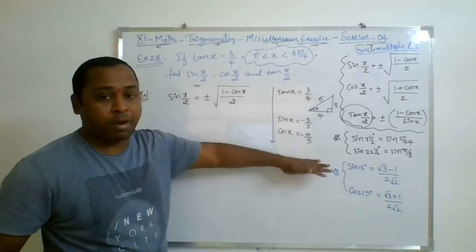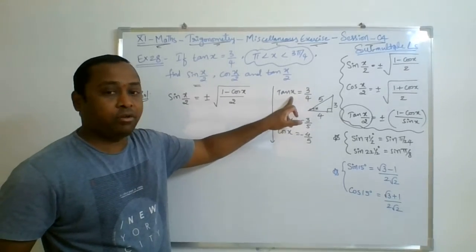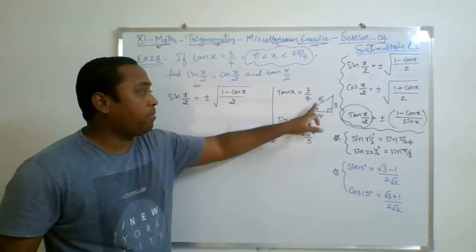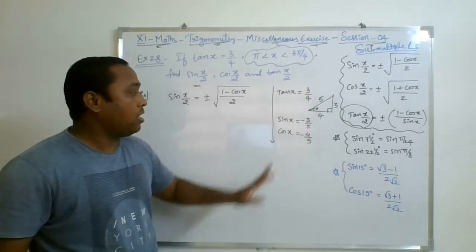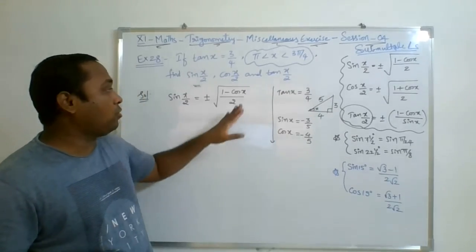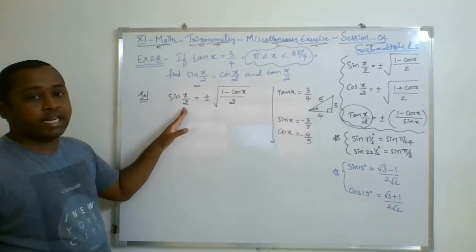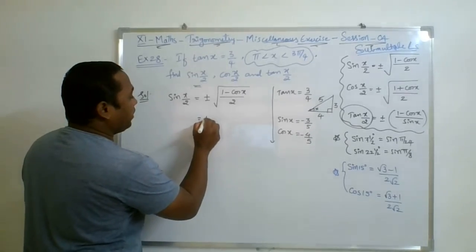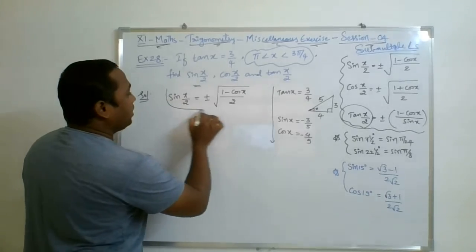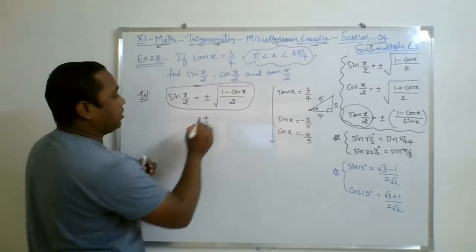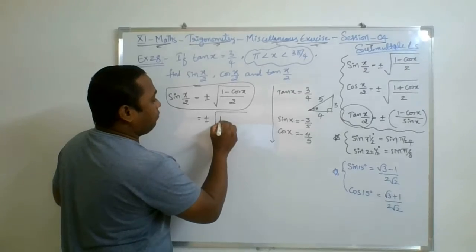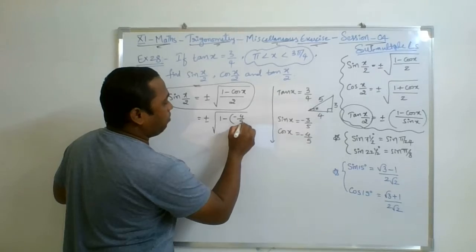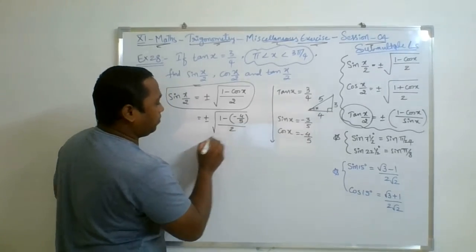So the first part is done with the help of the tan x value. First, I have found sin x and cos x by using the right angle triangle. Now, I am going to use these values in the formula to get the sin x by 2 value. So, in this formula, I am going to use plus minus under root of (1 minus (minus 4 by 5)) upon 2.